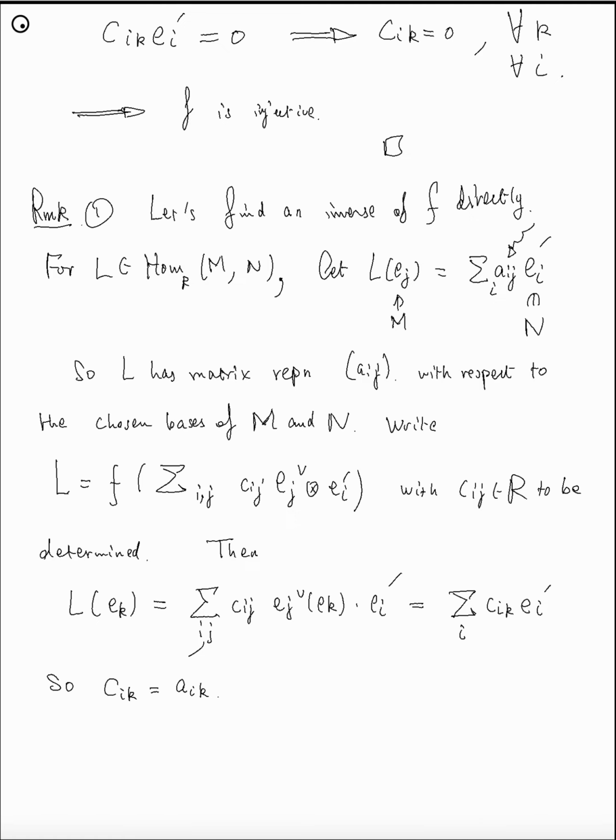Because L, at the beginning, it is defined using A_ik, for all i and k, or if you want to write it more tidily, i and j, same thing.